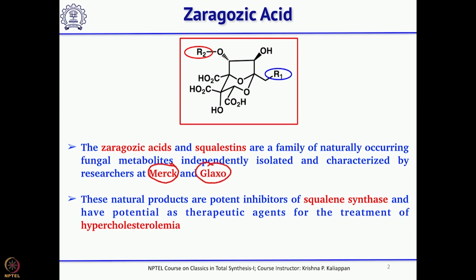They are potential inhibitors of squalene synthesis. That means this could be used for the treatment of hypercholesterolemia. So those who have cholesterol problem could potentially be treated by these naturally occurring compounds.